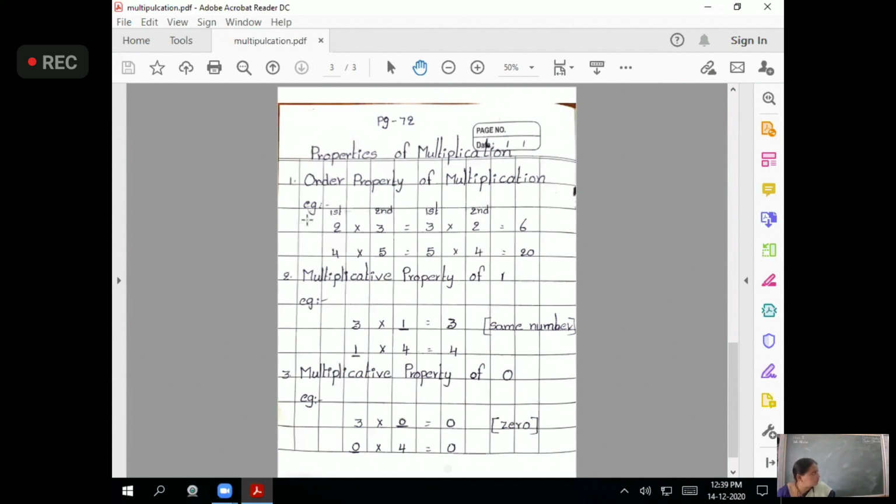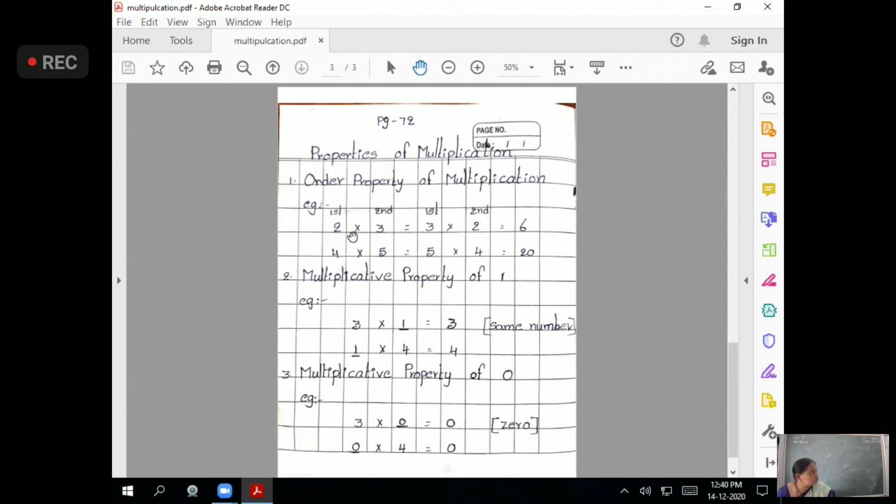Okay, Nana. In that order property example, 2 into 3. So here 2 is the first number, 3 is the second number. If you observe here, 3 places first and 2 places second. So before, 2 placed first and here 2 places second, meaning there is a change in the order.